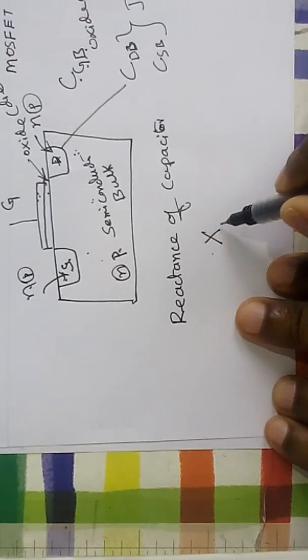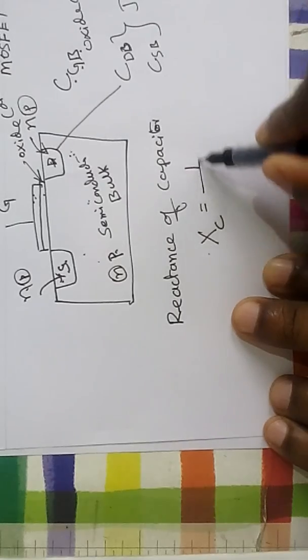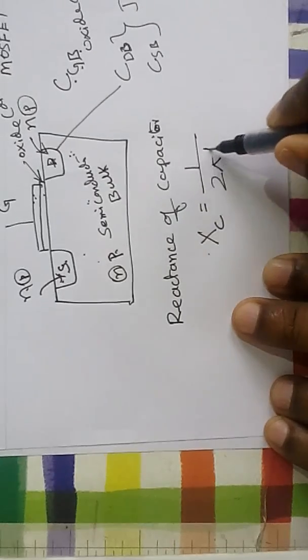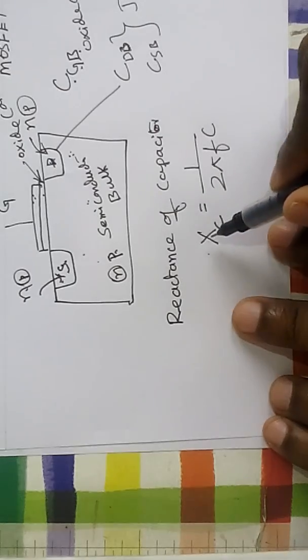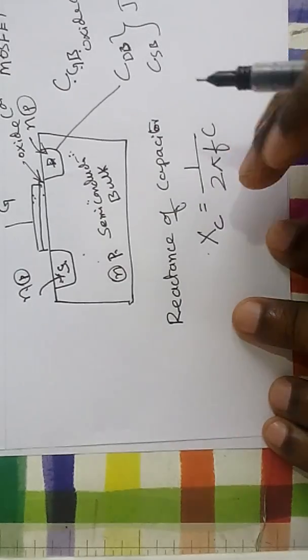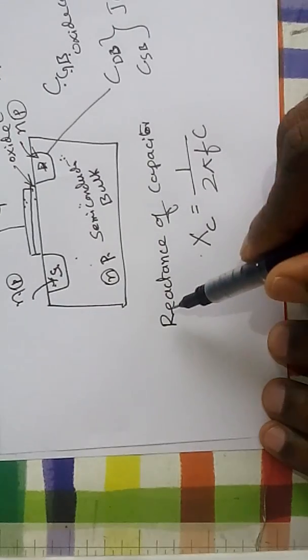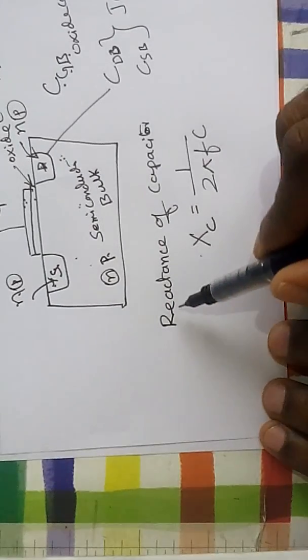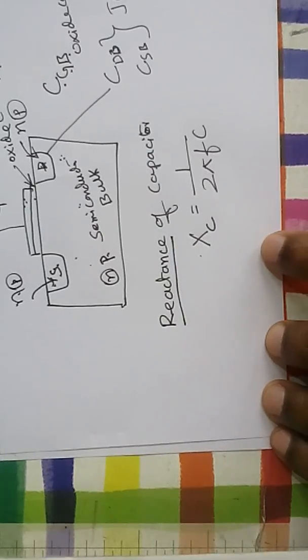The reactance of the capacitor, represented by X suffix C, is given by 1 over 2 pi f into C. This is the reactance of the capacitance, which is analogous to the resistance of a resistor, but it is not said as resistance of a capacitor. It is a special word, reactance of a capacitor.